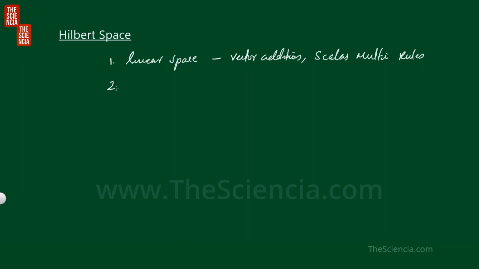And second, if phi and psi are two vectors in Hilbert space, then they should satisfy the following conditions. One is a condition regarding the scalar product, that is the inner product: <phi|psi> is equal to <psi|phi> star.